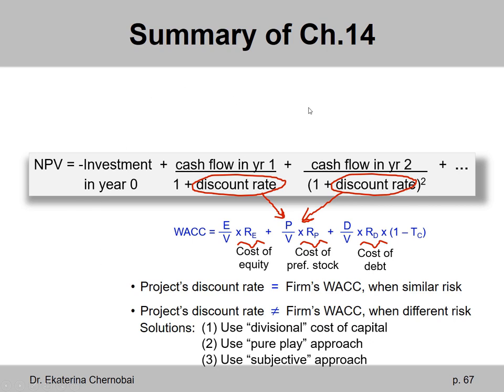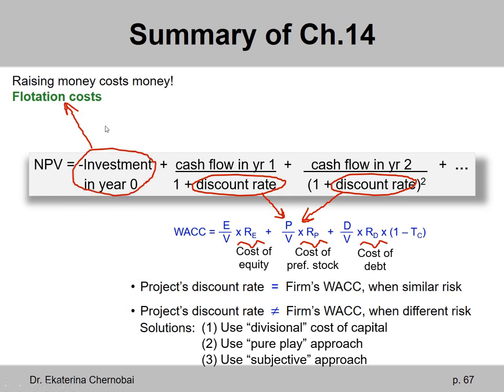This was the first part of the chapter, the main part. We also talked about how raising money costs money. That's flotation costs. And that has to do not with the discount rate for a new project, but how much we truly need to invest into it.